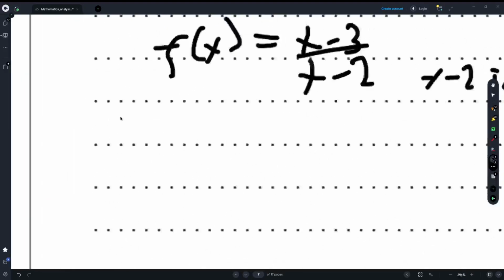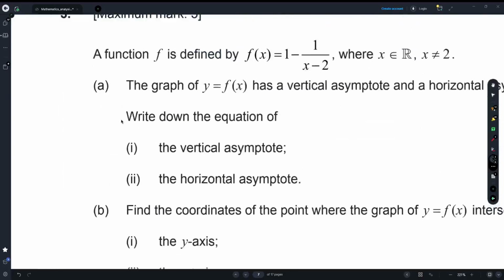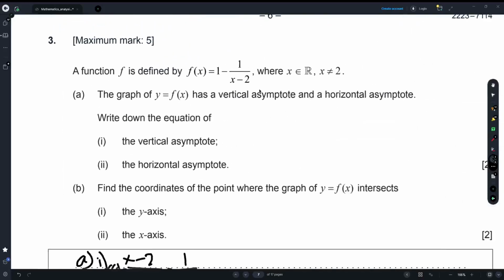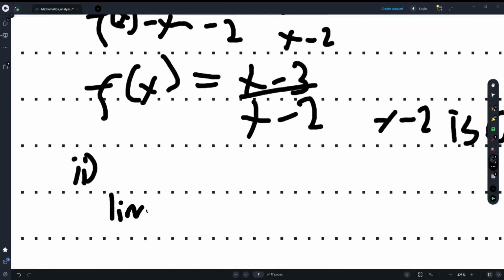So part 2 is the horizontal asymptote, and here you can just look at what happens when x goes to infinity of this function, x minus 3 over x minus 2.